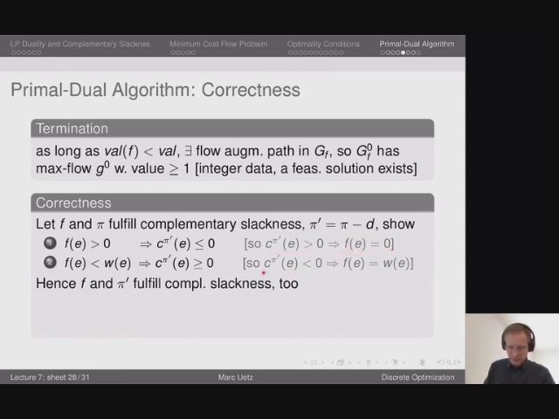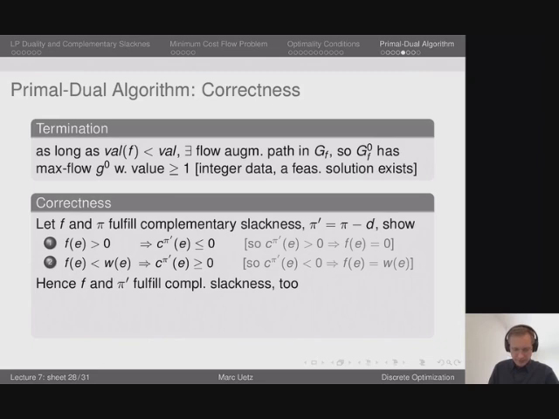Whenever the new reduced cost coefficient is smaller than 0, the flow must be at the upper capacity. And that means that we have, for the given flow f, another node potential pi prime, such that these two are still a complementary slack pair.